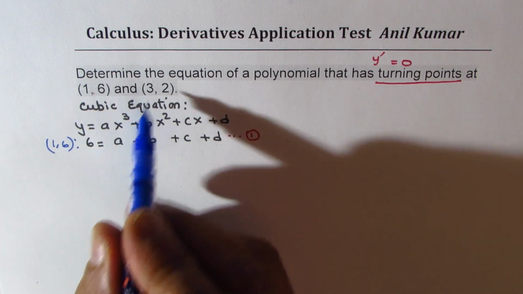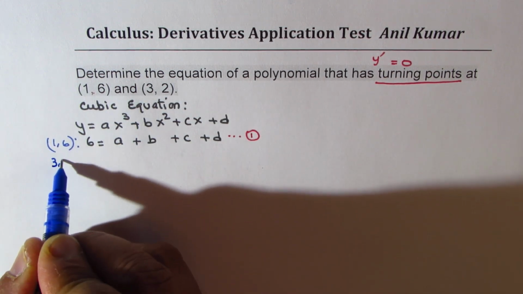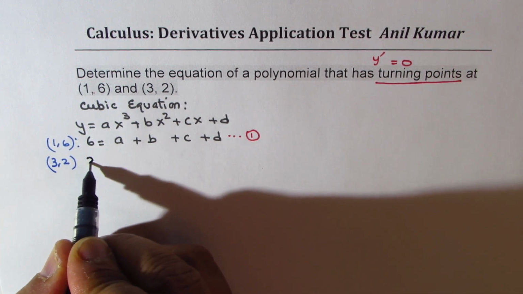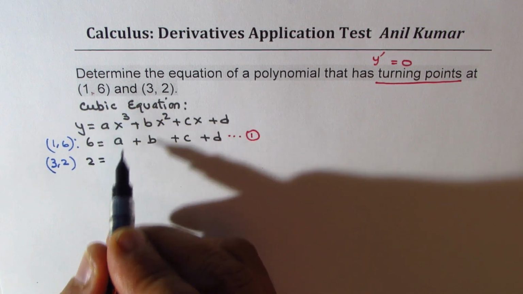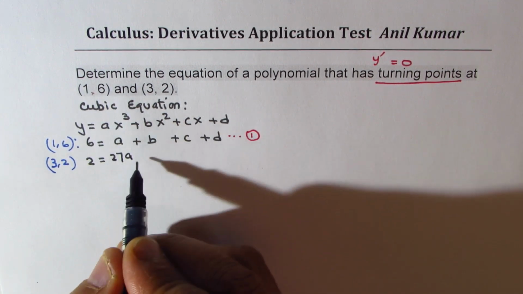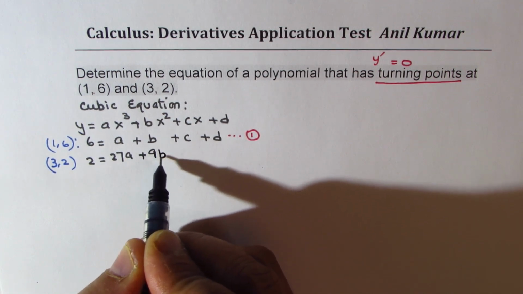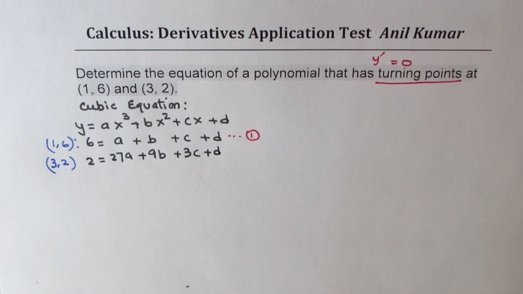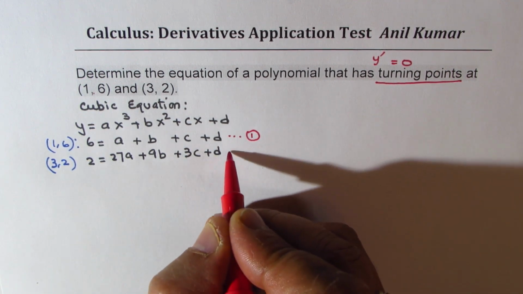Now let's substitute 3 and 2. That means x value is 3, y value is 2. So we get 2 equals 3 cubed is 27, so we get 27a plus 9b plus 3c plus d. And we'll call this our equation number 2.